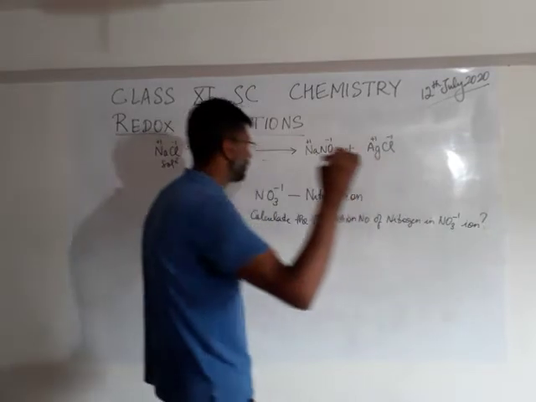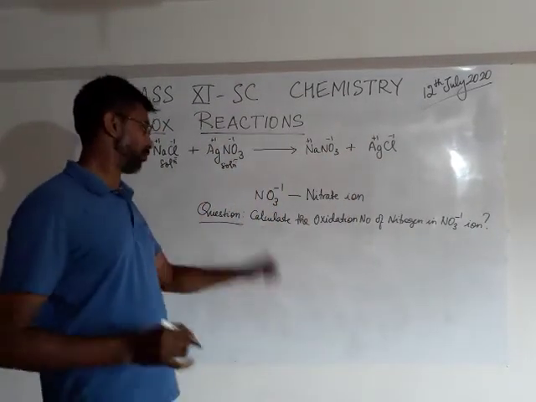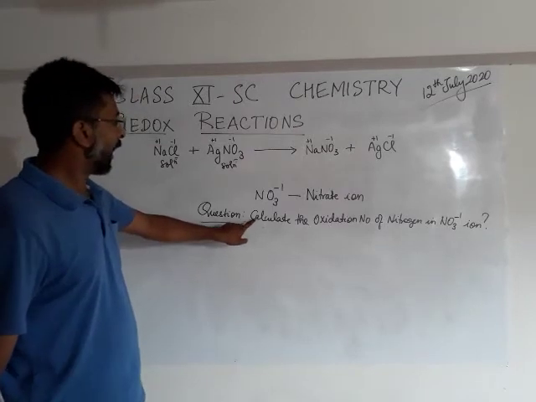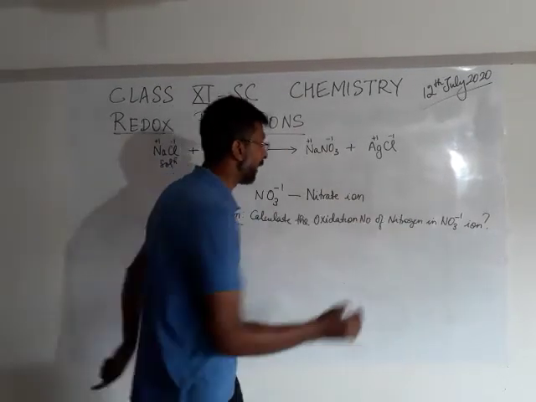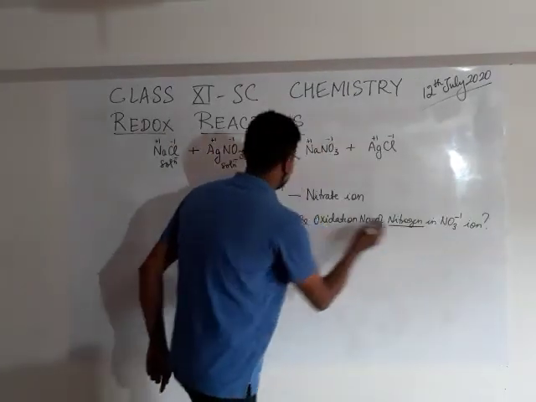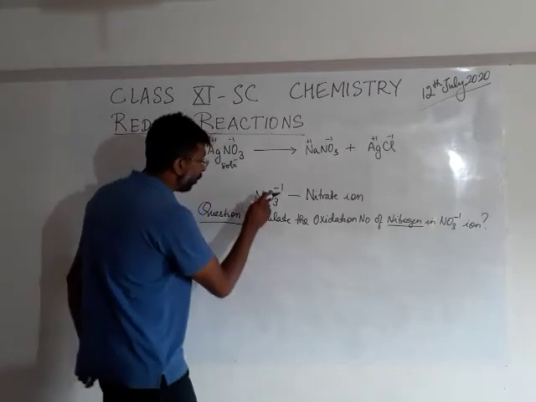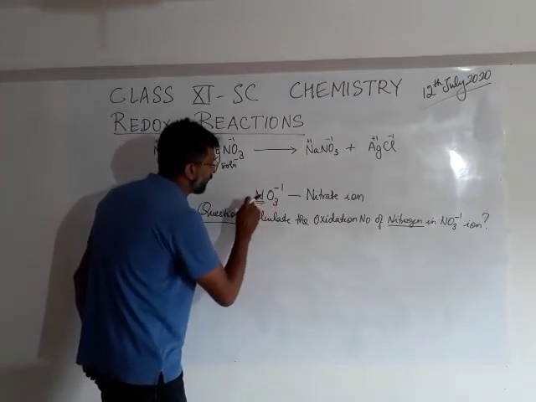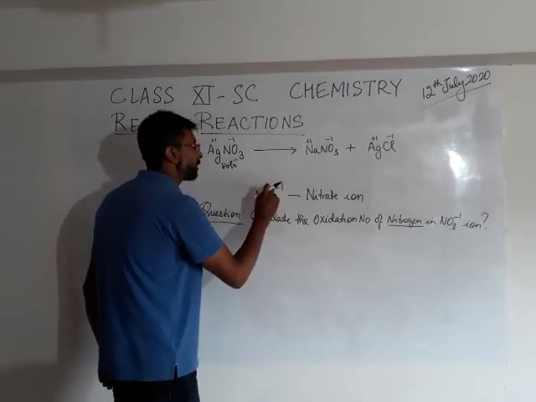If this is the question which I put in front of you, how it is to be done, I will teach you. The question says calculate the oxidation number of this element nitrogen. And we know the overall charge of this nitrate ion is minus 1. The overall oxidation number of this nitrate is minus 1.